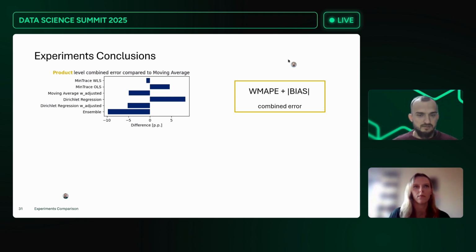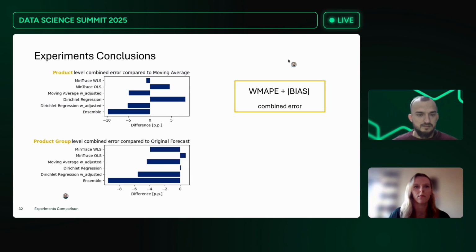Also this behavior can be seen on higher hierarchy, as when we take into consideration also bias, the higher hierarchy error also gives us improvement. And as a result, we can see that the ensemble method achieves the lowest error.